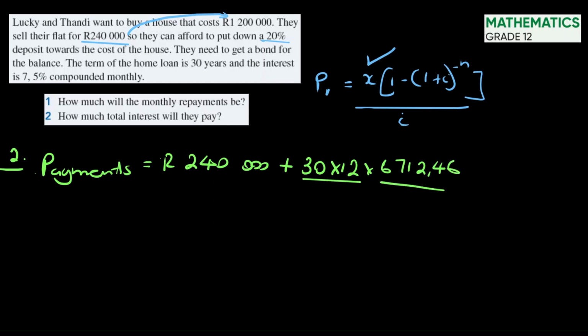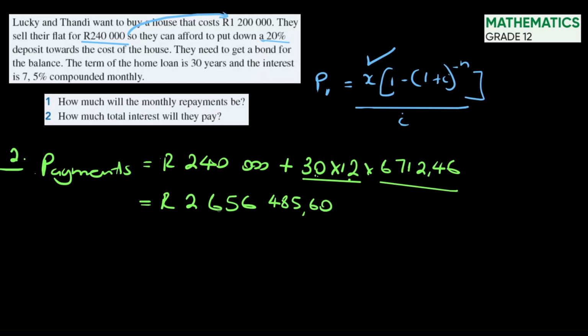This is the monthly repayment, but they will be paying it over a duration of 30 years, which converted into months is 30 times 12, the number of months they're paying, times the 6,712.46, plus the deposit they would have paid, which amounts to a total of 2,656,485 from the calculator. That's what they're going to pay.